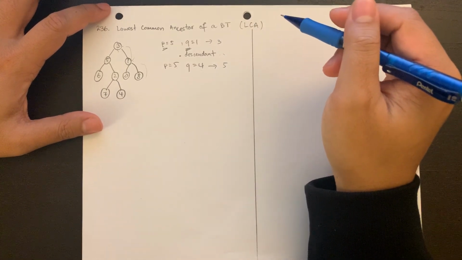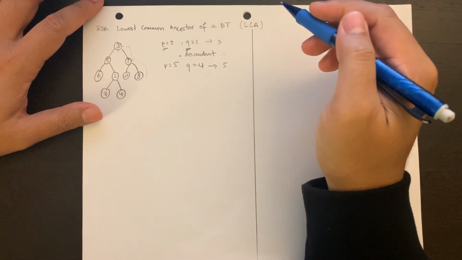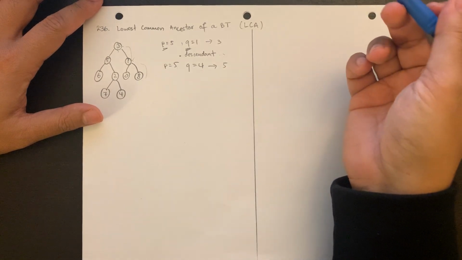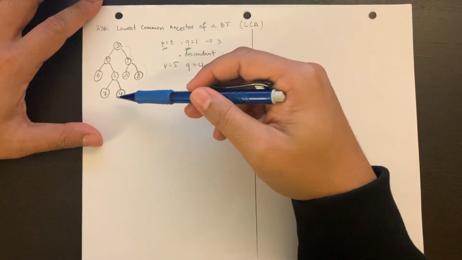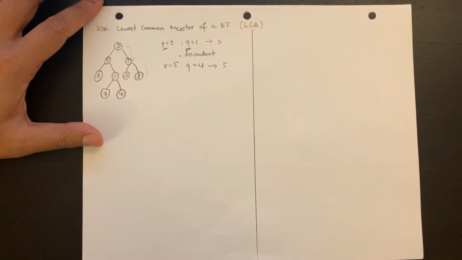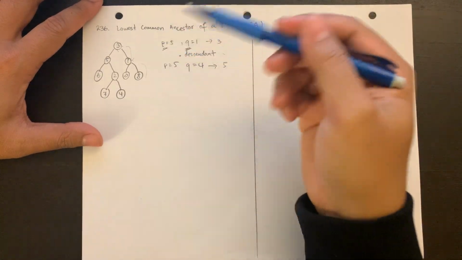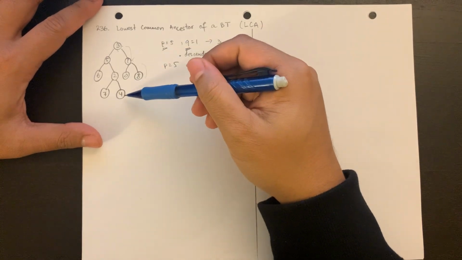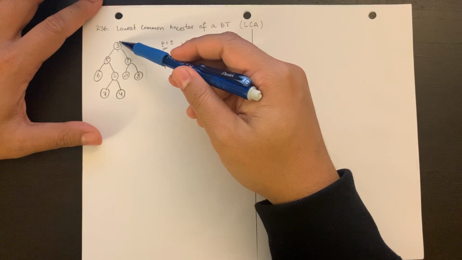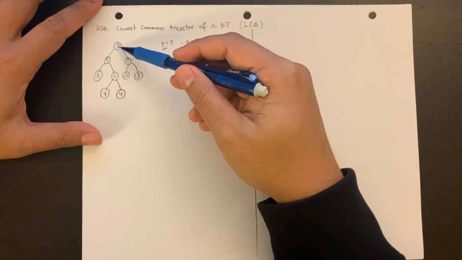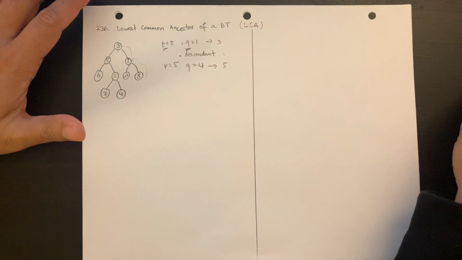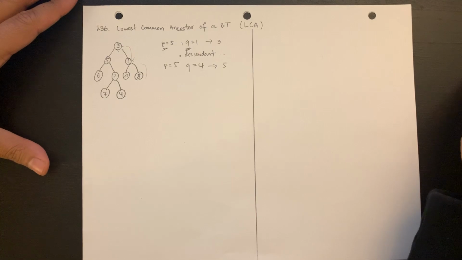Okay, I think I said something incorrect earlier in the video. I think 4 and 0 have a closest common ancestor of 3, like the lowest common ancestor.